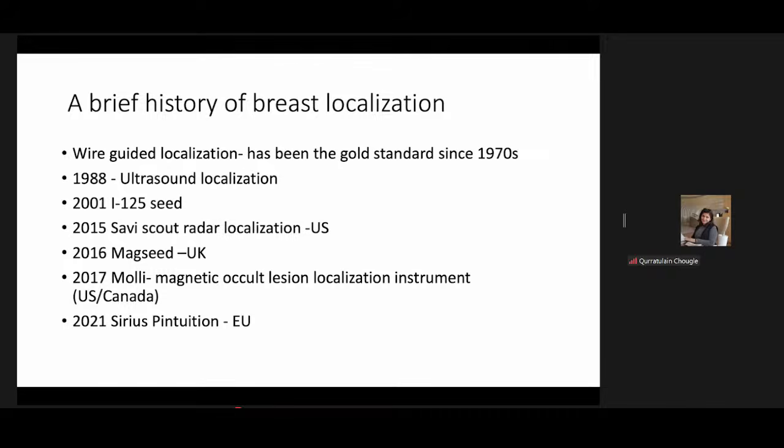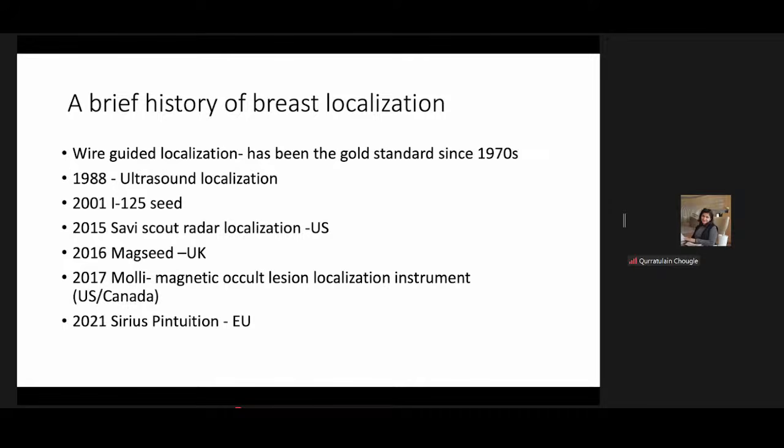In 2016, MagSeed was designed in Cambridge by Endomag in the UK. In 2017, a magnetic occult lesion localization instrument, which they call MOLLI, was designed in the US and Canada. And the youngest one on the list is Sirius Pintuition, designed again in Europe in 2021.